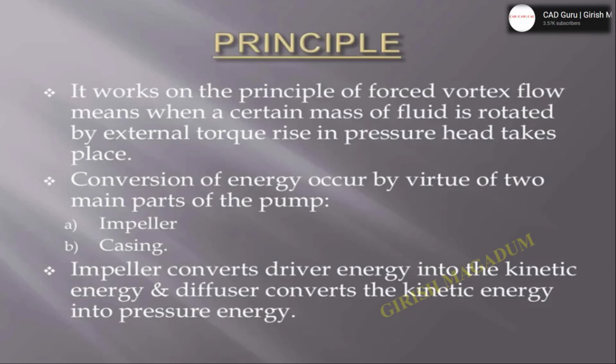What exactly happens is, due to the torque produced by the shaft, the pressure will be created by the vanes and the radial vanes. That pressure head will help us force a certain mass of fluid along the axial flow.